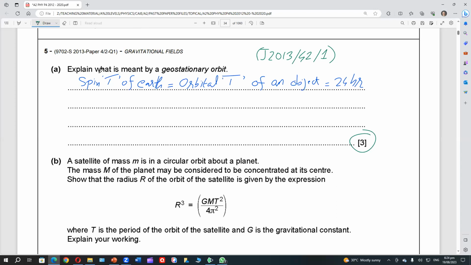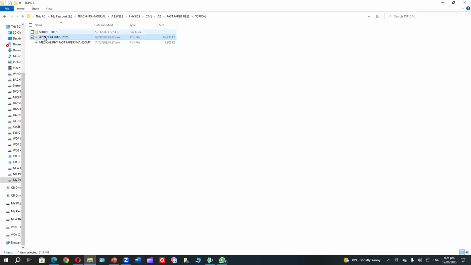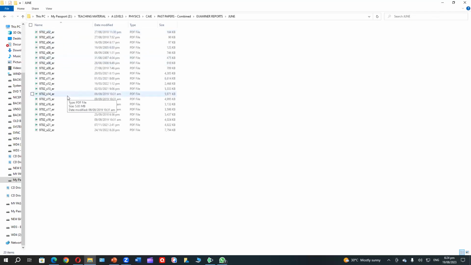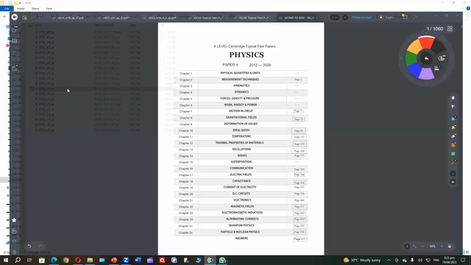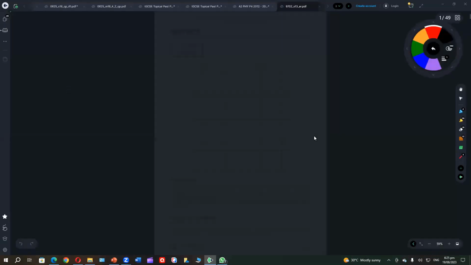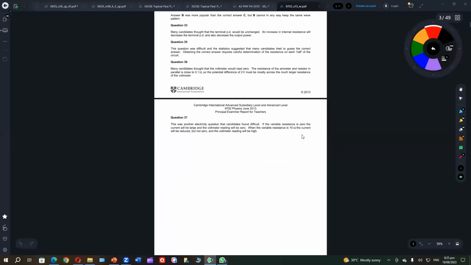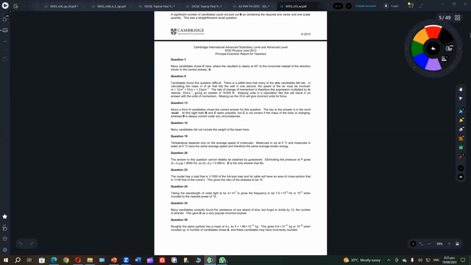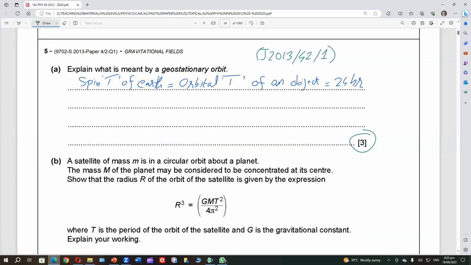Such parts should always be checked from the examiner report, because the examiner report is actually very important in that sense. We are solving June 1342-1.